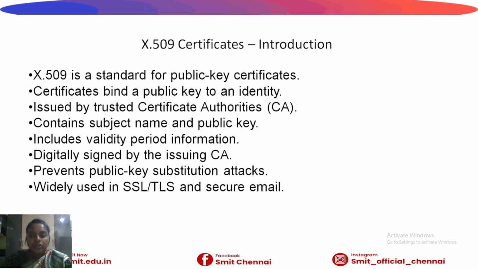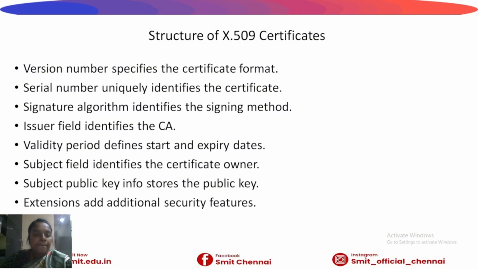Let us talk about the X.509 certificate briefly, and its structure format. It has a version number, serial number, and the signature is most important. Version number specifies the certificate format. Serial number uniquely identifies the certificate.